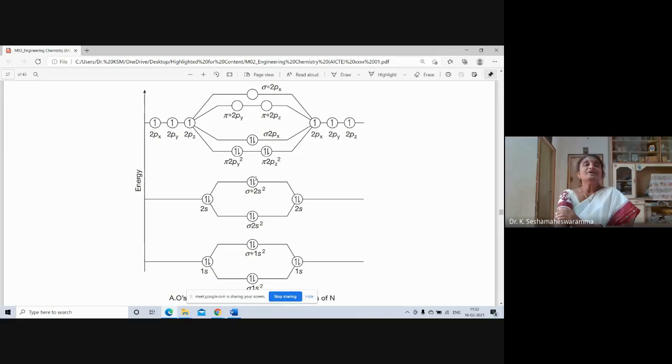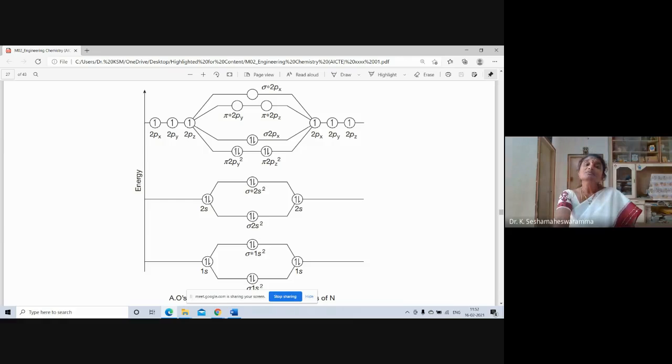Then 2px1, 2py1, 2pz1 of each nitrogen atom combine to give 6 molecular orbitals: pi 2py, pi 2pz, sigma 2px, pi star 2py, pi star 2pz, sigma star 2px. As per the Aufbau principle and Pauli exclusion principle, from these 2p3 electrons, a total of 6 electrons are here.